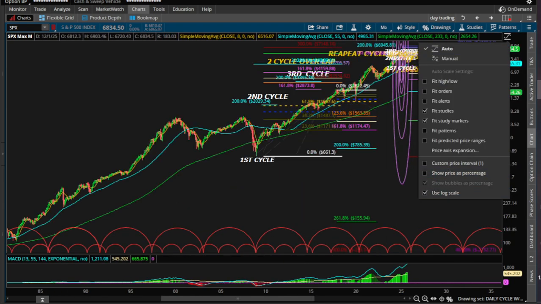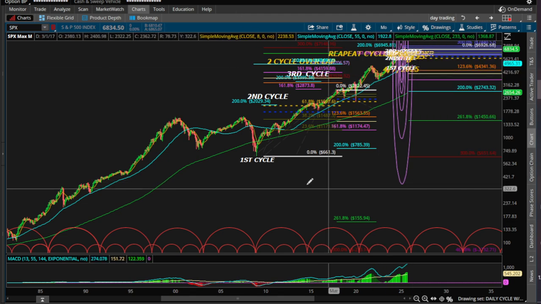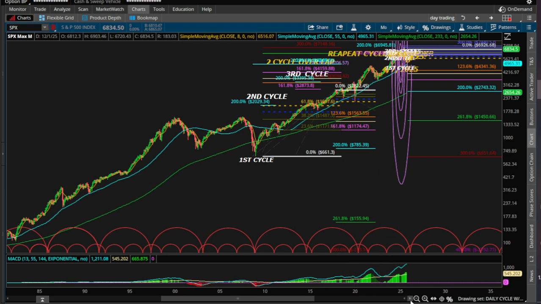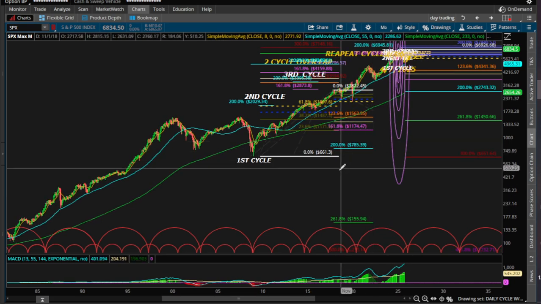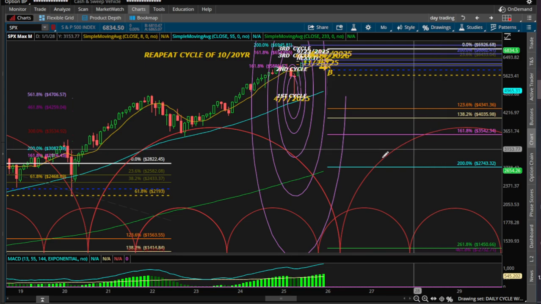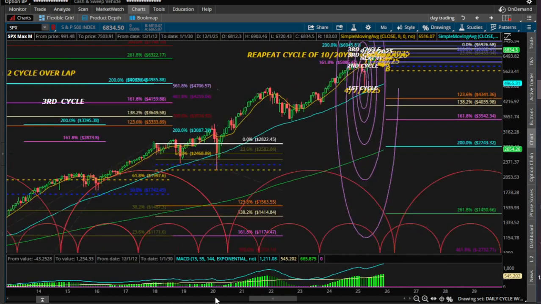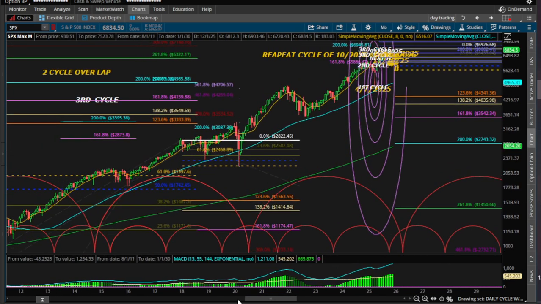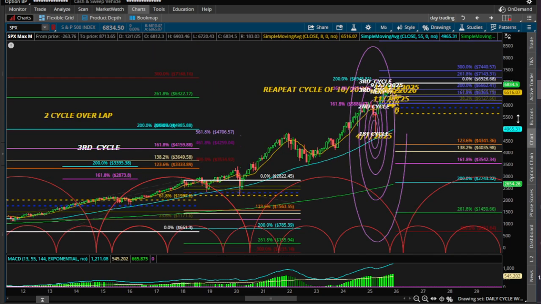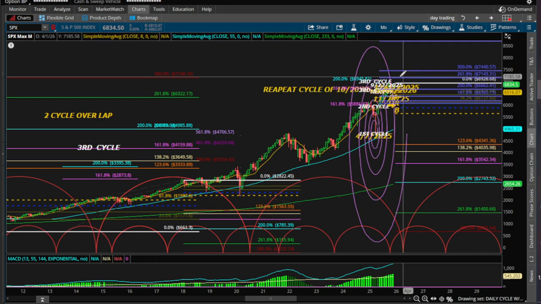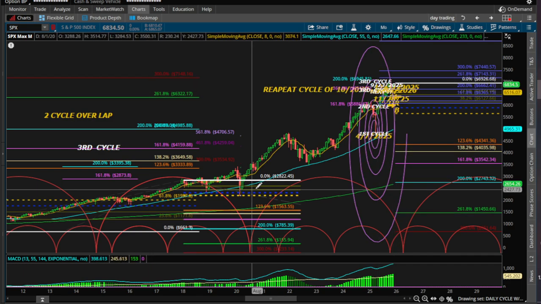Just bear with me here. Just can't get a good picture here for you. I'm sorry about that. But I will try to brush it up later and show you the overall picture.